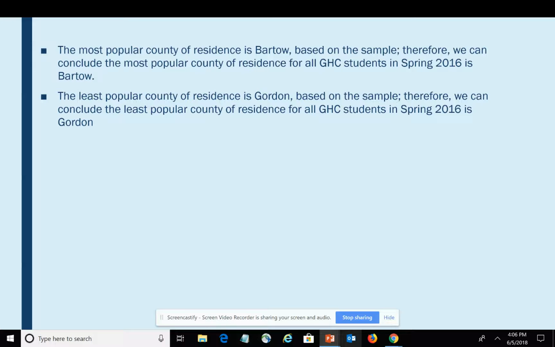Therefore, we can conclude or infer that the least popular county of residence for all GHC students in spring 2016 is Gordon. And then we can look at the rankings. We already know that the most popular was Bartow, second was Cobb, third is Paulding, fourth is Cherokee, and again, the least popular is Gordon.